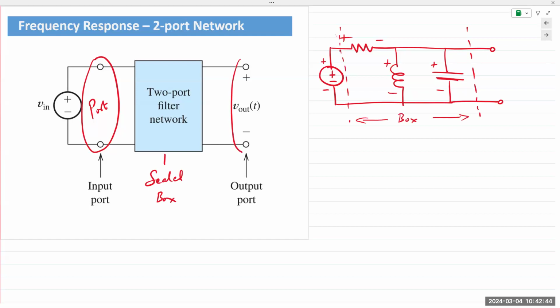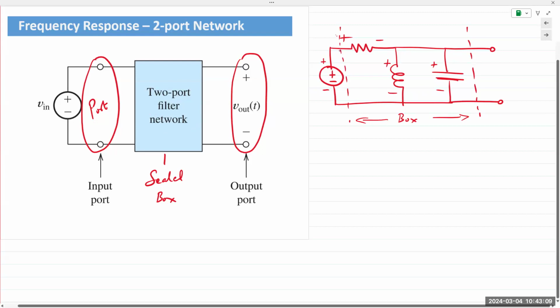And then, of course, here we have the output port. So the sealed box, again, at this point, we don't know what's inside the box. We don't really care. We only need to know what that box does. So this box is, of course, a circuit or a network.